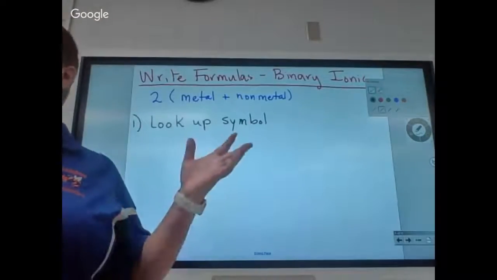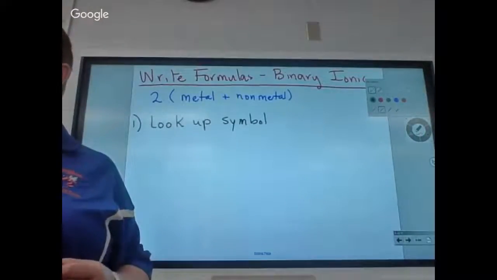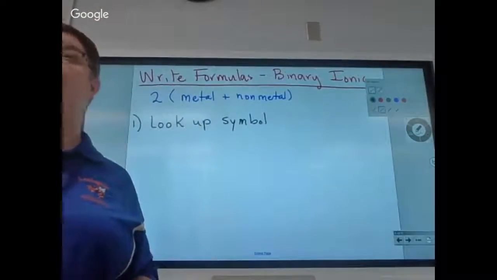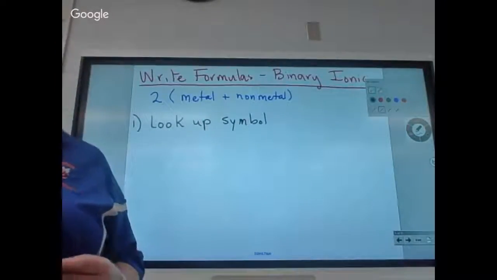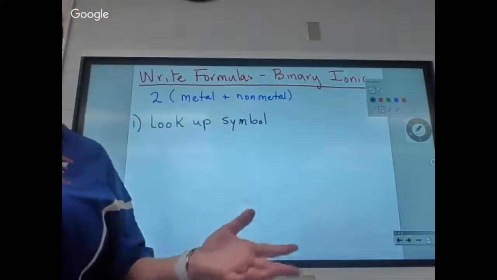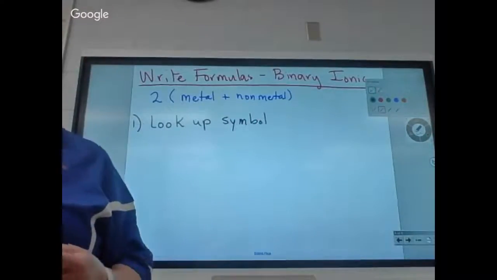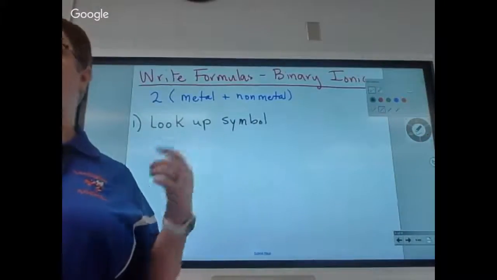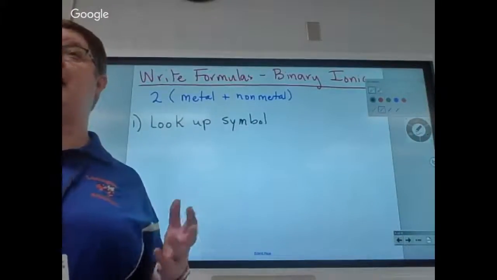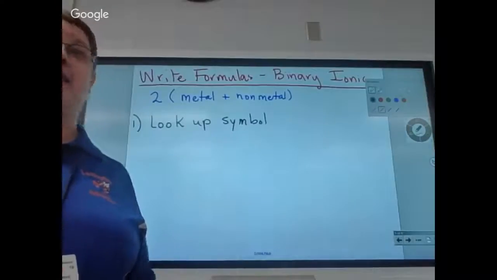Okay, so fluorine, what's its symbol? I heard F and I heard FL out there. F is correct. FL is wrong. So if you had accidentally written FL, your answer is wrong. When I say sodium, sodium is Na. But sometimes I get S, sometimes I get SO.